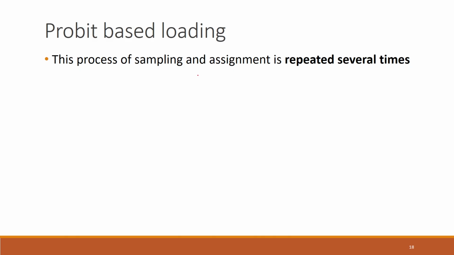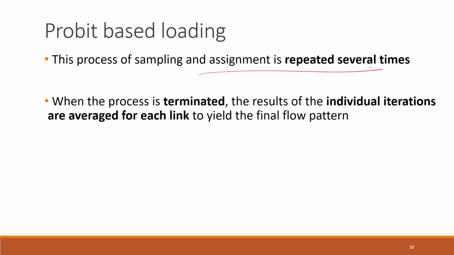And this process of sampling and assignment is repeated many times. It might be the case that some other path turns out to be the shortest in some other iteration of the Monte Carlo simulation. So what we will do is average out all of these flows across different links in these different iterations.